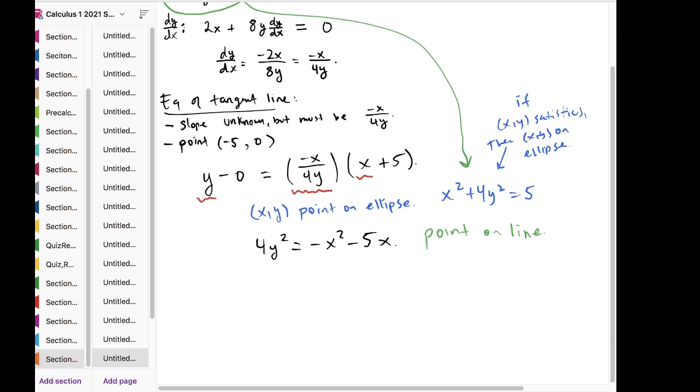Okay, so how can we marry these two equations? Both these things need to be true: for xy to be on the line and xy on the ellipse.